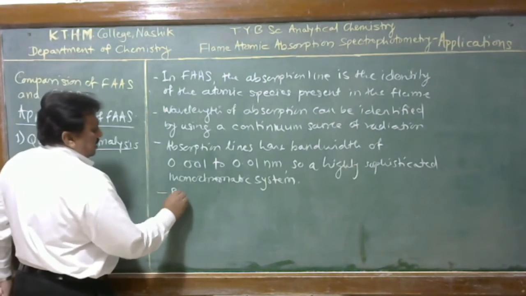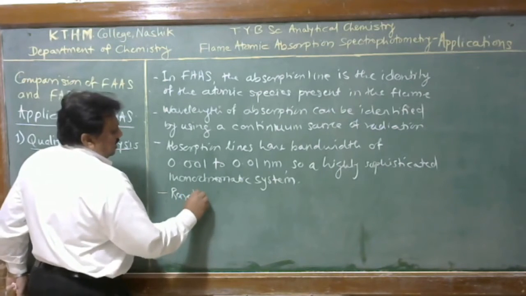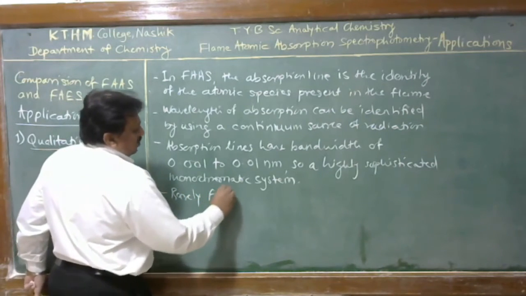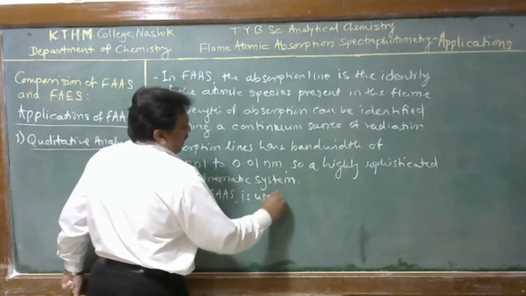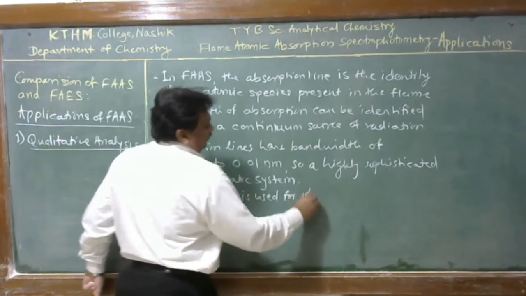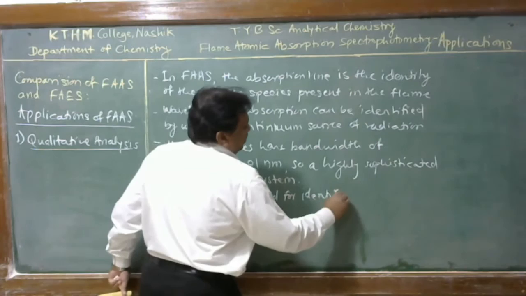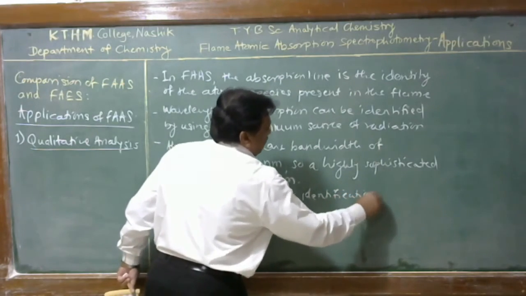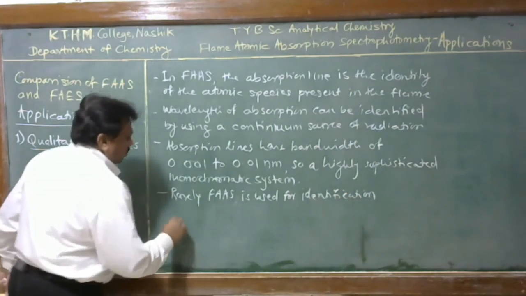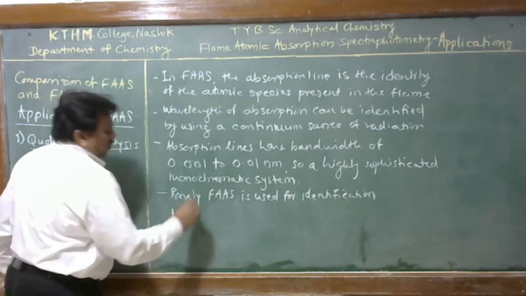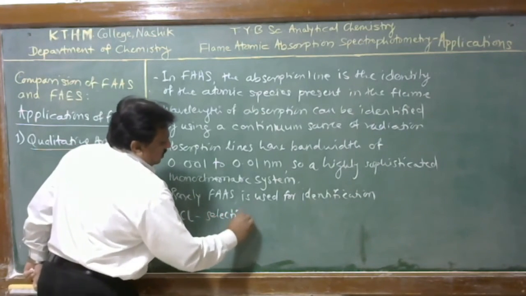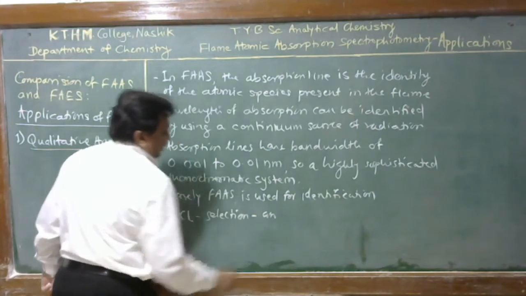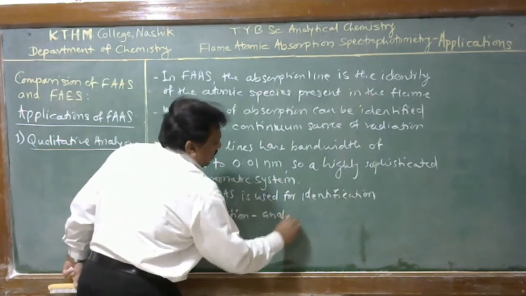But rarely is flame atomic absorption spectroscopy used for identification. Many measurements are carried out by using a hollow cathode lamp. Therefore, for selection of the hollow cathode lamp, the analyte must be known.